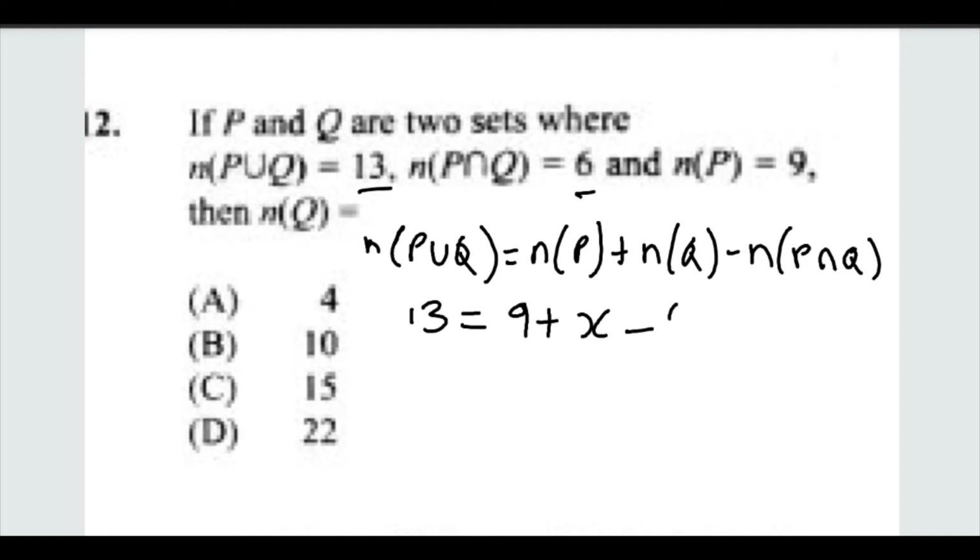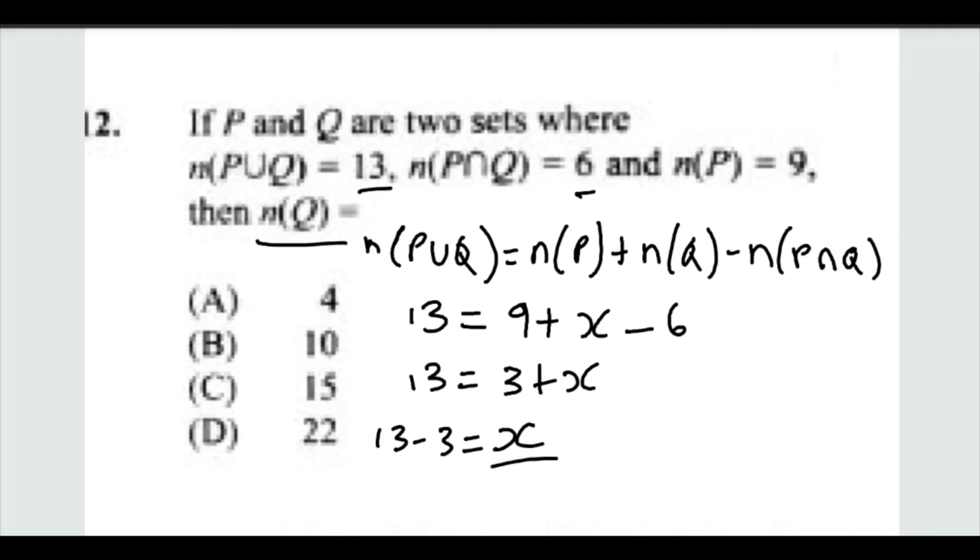Then we work it out: 13 will be equal to 9 subtract 6, which gives 3, plus X. So X will be equal to 13 subtract 3, and this X represents the number of elements in Q. That will give you 10.